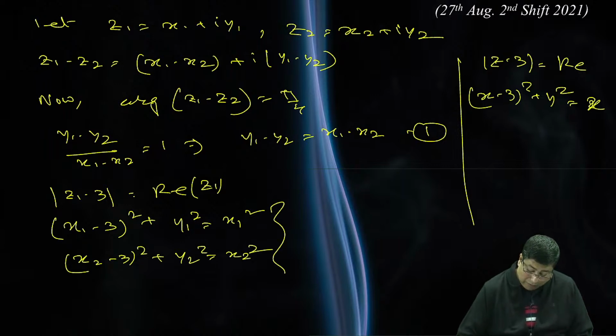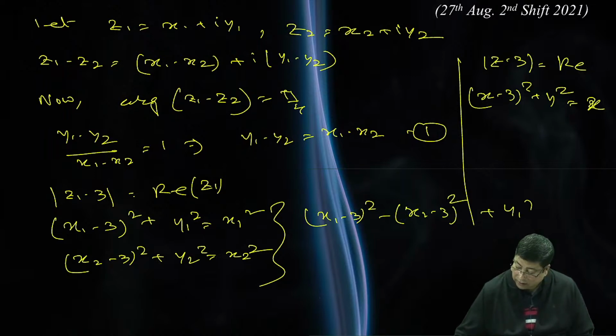If we subtract these two, we are getting here x1 minus 3 whole square minus x2 minus 3 whole square plus y1 square minus y2 square equal to x1 square minus x2 square. It is a square minus b square formula.